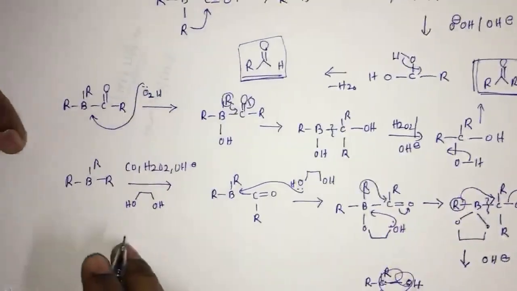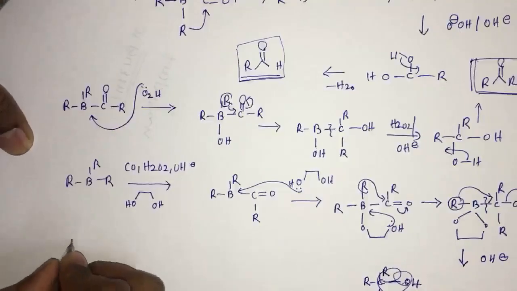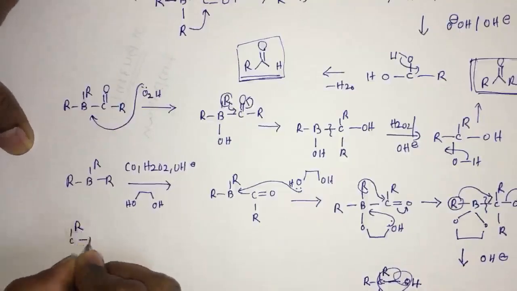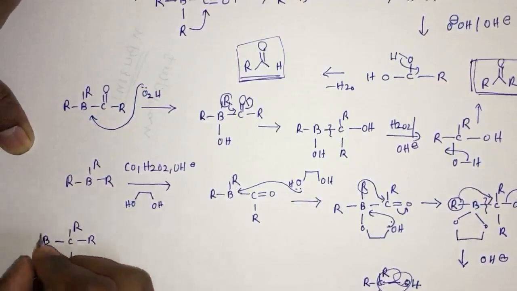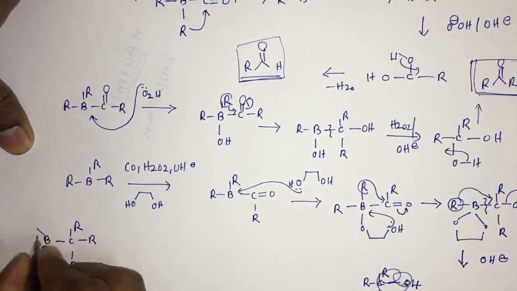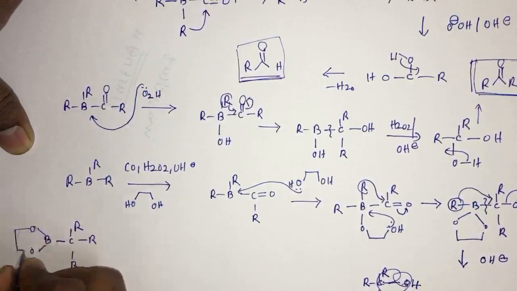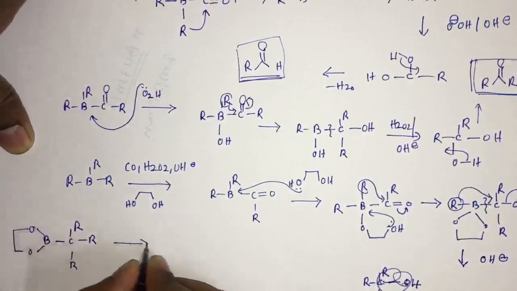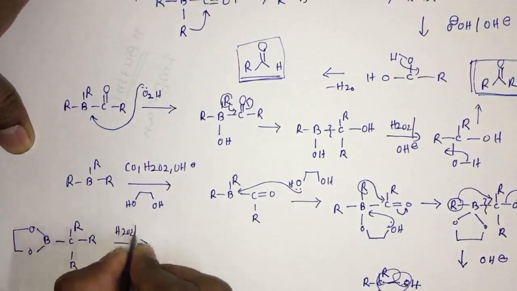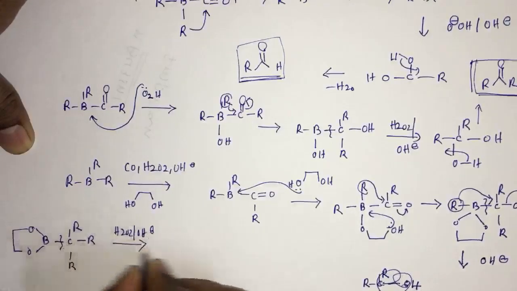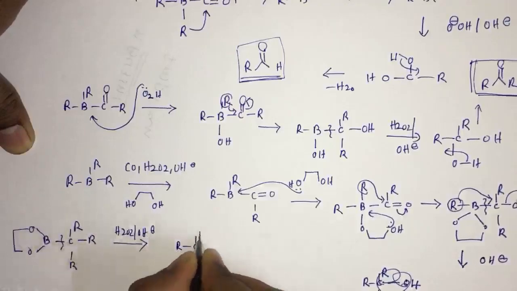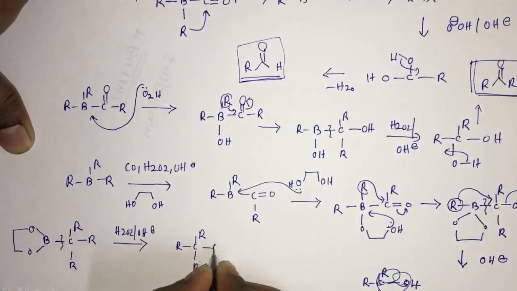So now I am writing here, 3 alkyl groups are there, and at boron we have only this one. Further, if you treat with H2O2 in the presence of OH minus, this bond gets cleaved and this OH attacks this carbon. So here we'll get a tertiary alcohol.